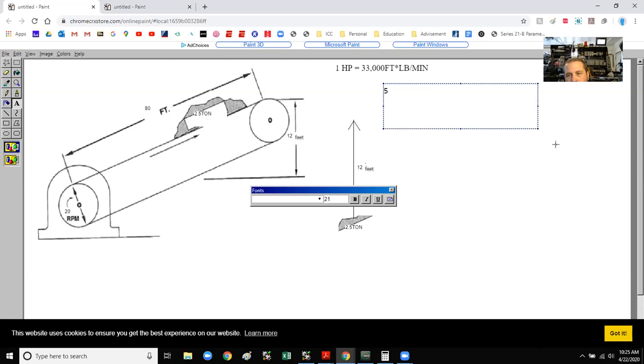So 5,000 pounds times 12 feet equals 60,000 foot-pounds.